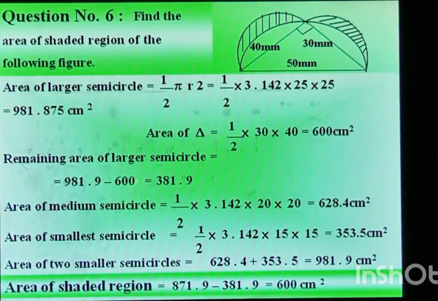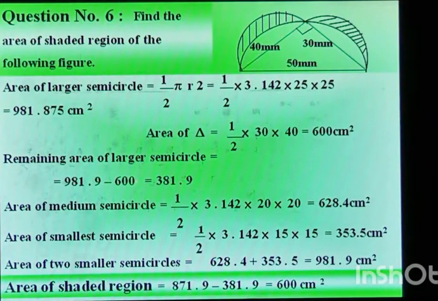Just add up the area of the triangle and the area of two semicircles, and the area of the largest semicircle whose radius is 25 is also added.